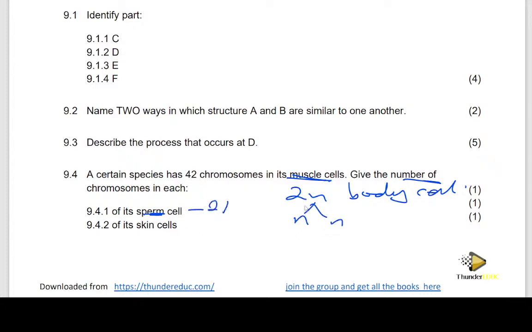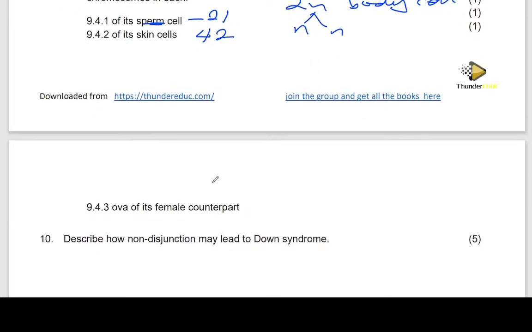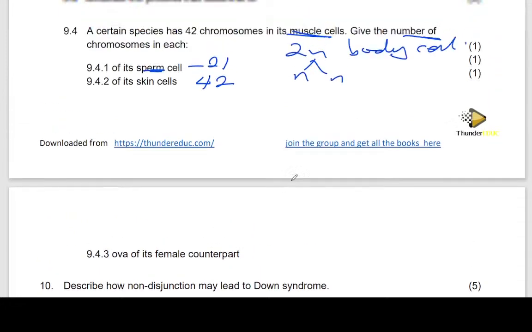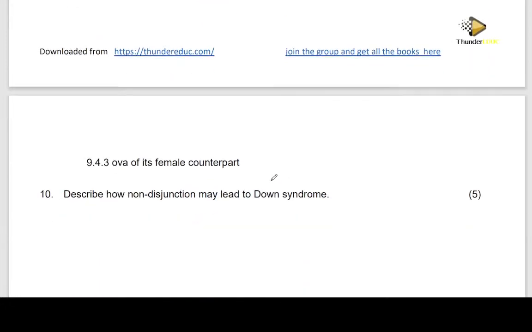And the skin cell is the same as the muscle, so it's going to be 42. They are not saying that this is a human cell; they're saying it's a certain species. The ova of its female counterpart is the same as the sperm, so it's going to be 21.